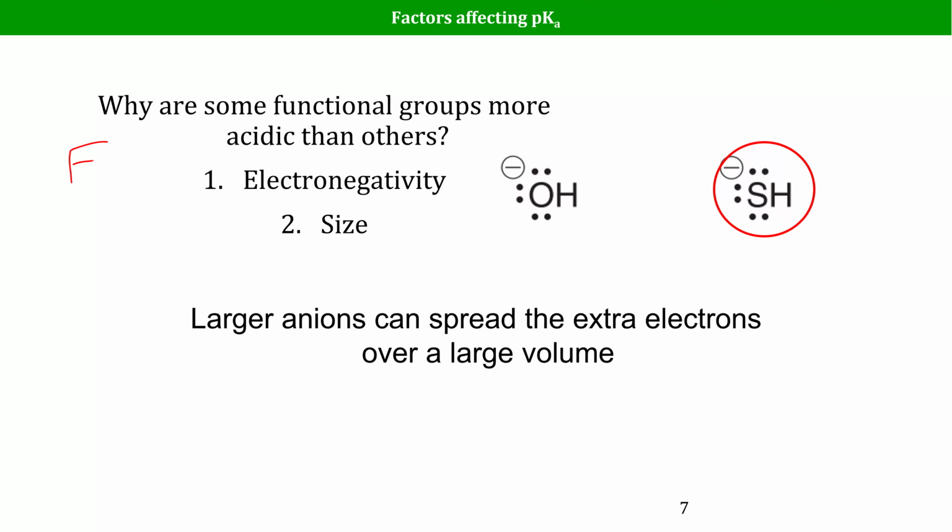So that's why even though fluorine is more electronegative than chlorine and bromine and iodine, hydroiodic acid is a stronger acid than hydrochloric acid. Because the larger anions can spread the electrons out over a bigger area.